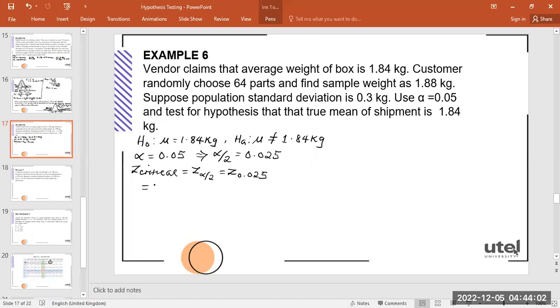So that's going to be 1 plus 0.95. How I got 0.95 was already shown in the previous slide, divided by 2.